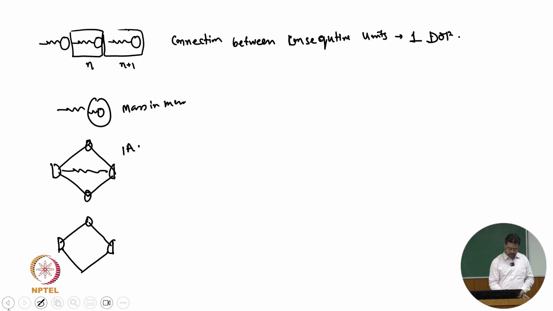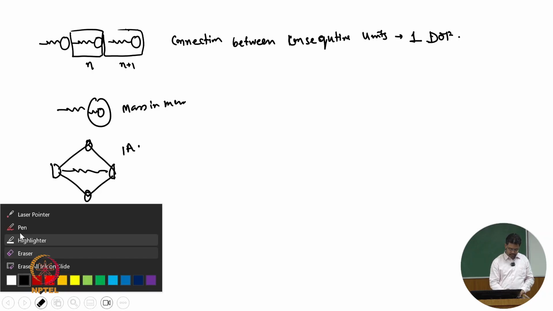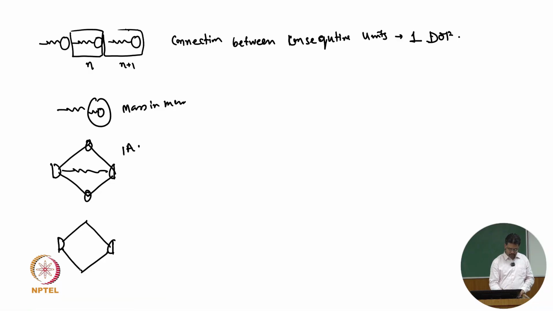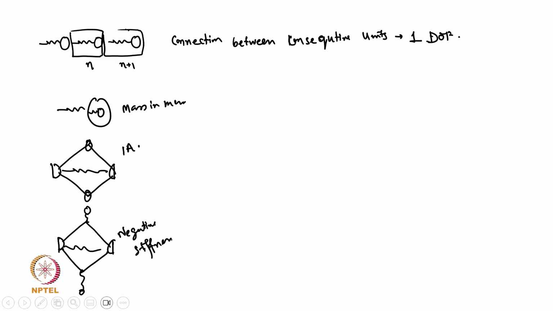In negative stiffness we will not have that black one. So this is your negative stiffness. But primarily, if you see, they all are connected to the next unit cell or the previous unit cell by a single degree of freedom. That's why these all belong to the class of monocouple system.